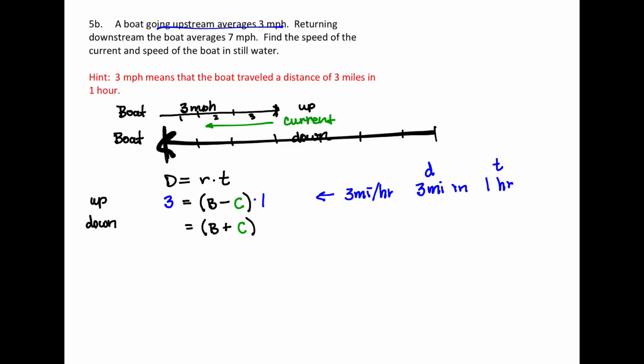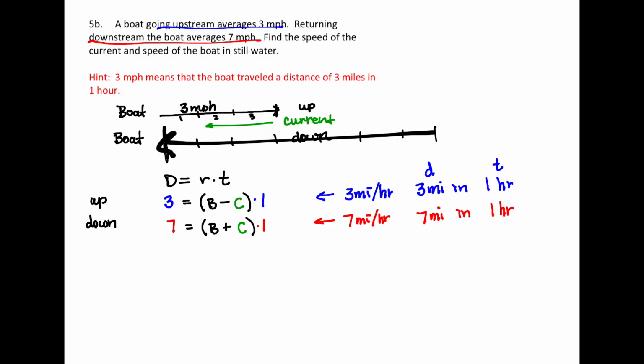Downstream, that is 7 miles per hour, which means 7 miles in 1 hour. So the distance is 7 and 1 hour. That made this one a lot easier once we get it set up, because if I distribute a 1 to both of these, it doesn't change anything, right?